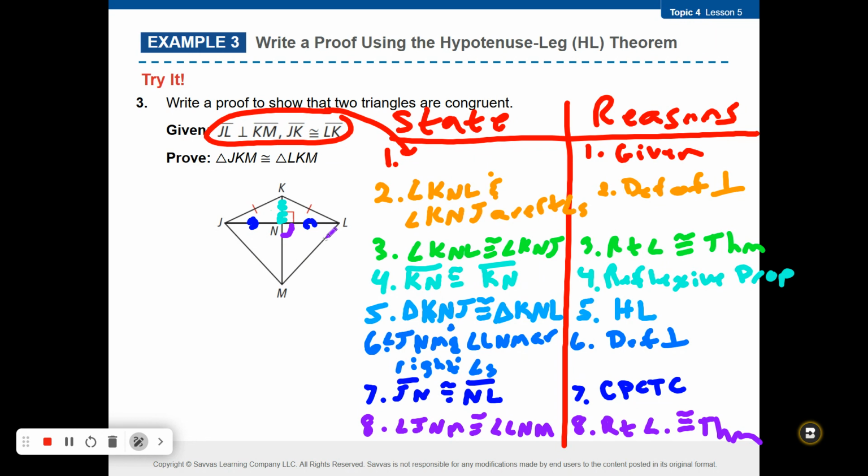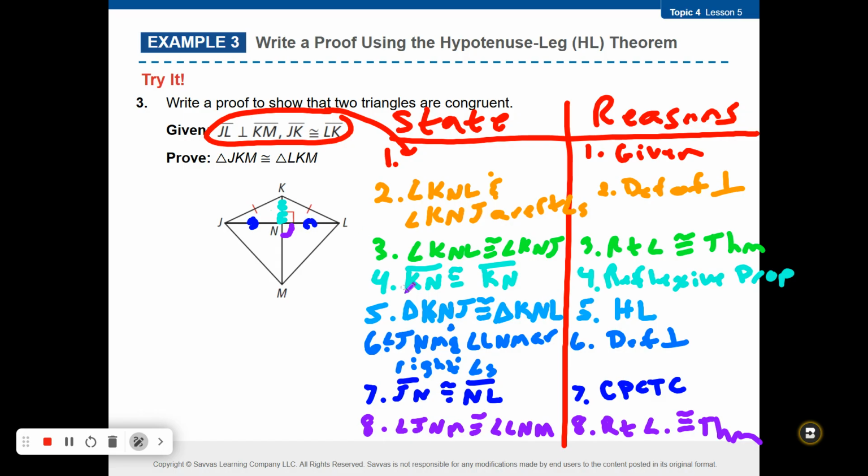What else do we need here? We got a right angle, JNM. We don't have a hypotenuse yet. Oh, okay.